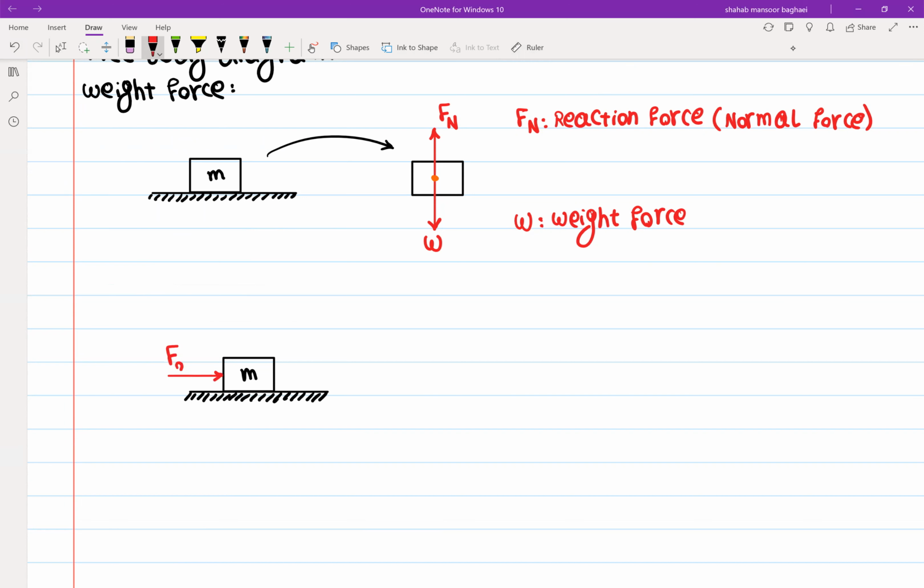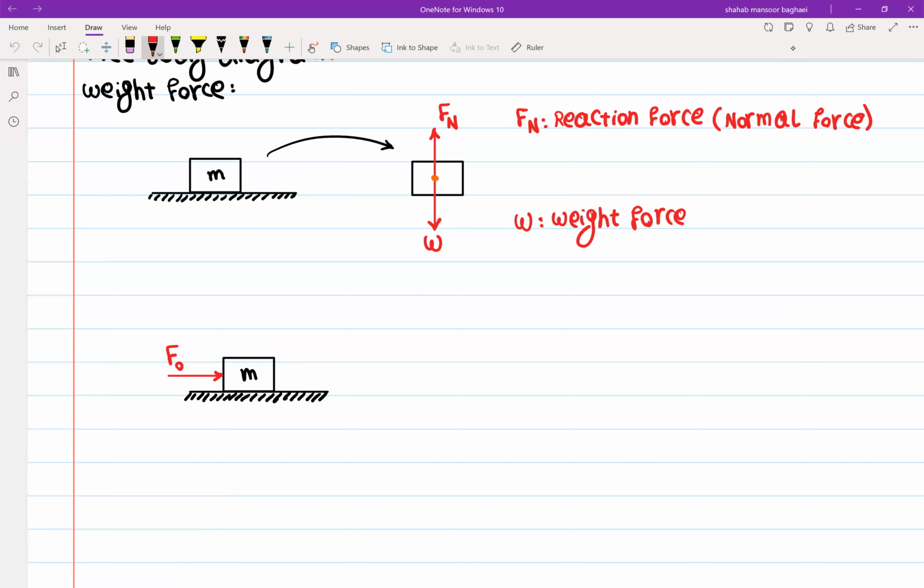I want to call it F0. F0 can be any number, for example, 100 newtons, 5,000 newtons, 10,000 newtons. It can be anything. It is F0. I want to apply this force to the right.